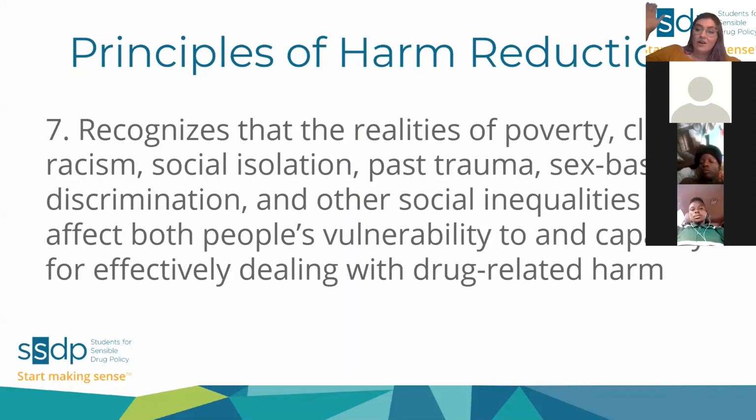So we're recognizing that all of these things come into play here, and it's important that we, as people who do harm reduction, are aware of that coming in. You might not know if this person is in poverty or not, or has past trauma, but while we're doing our harm reduction we're aware that these are things that can affect the person, and maybe if they're not able to do the things you're asking them to do, it might not be their fault.